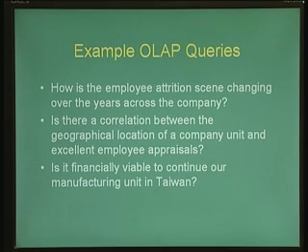Now look at the queries shown in this slide. How is the employee attrition seen changing over the years across the company? As you can see, this kind of query is qualitatively different. It's of a different caliber than the kinds of queries which we saw in the previous slide. It's not a question of accessing one particular record or one particular tuple.